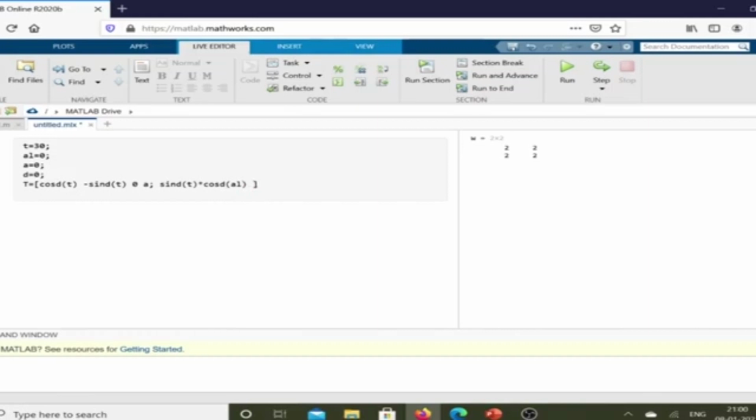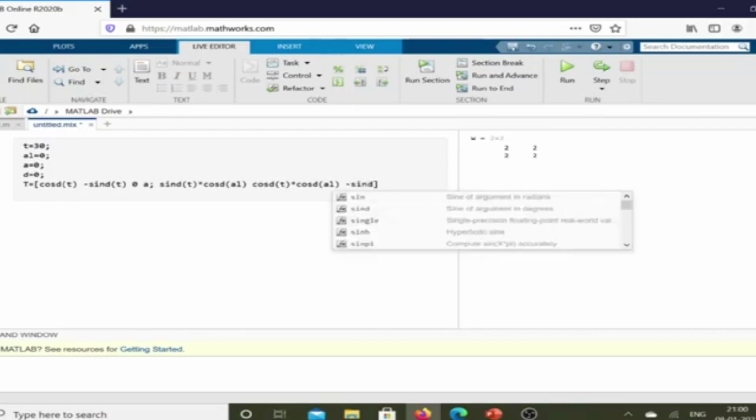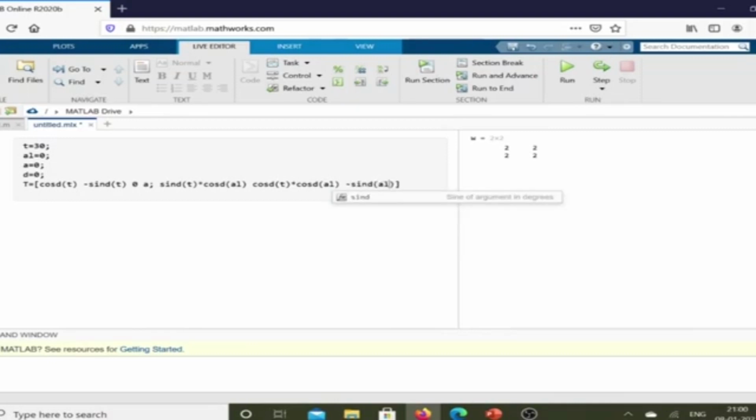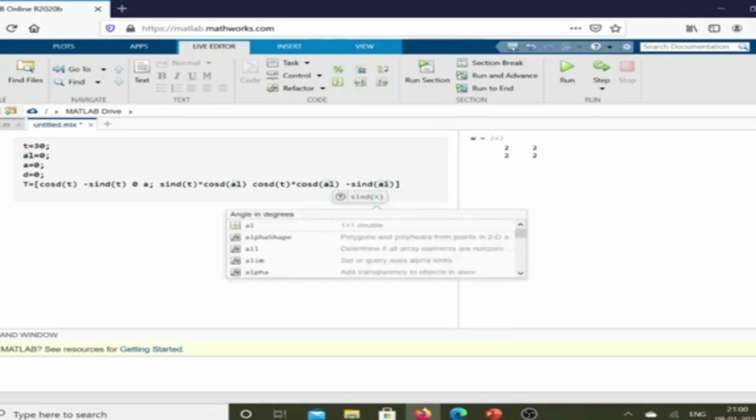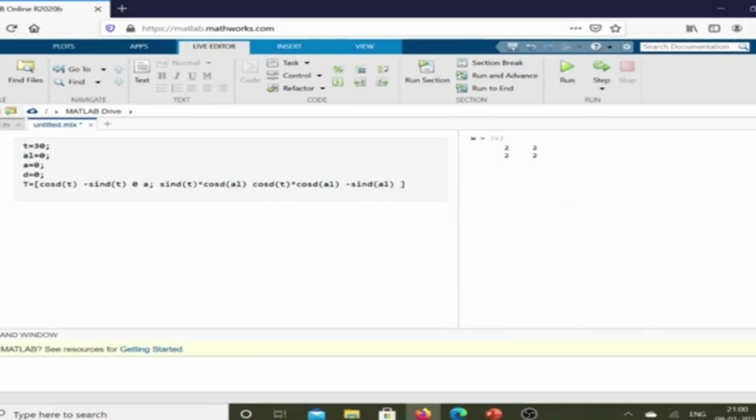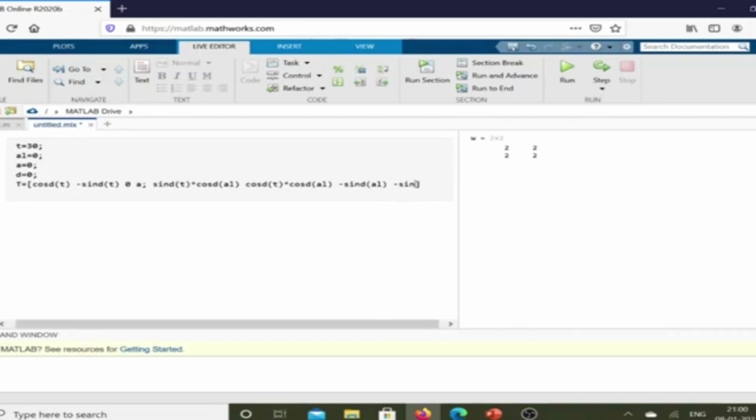The second term, cos theta, is cos D into T into cos D into alpha. What is the third term? Third term is minus sin D into alpha, which is AL. What is the fourth term? It is minus sin D into alpha into D.